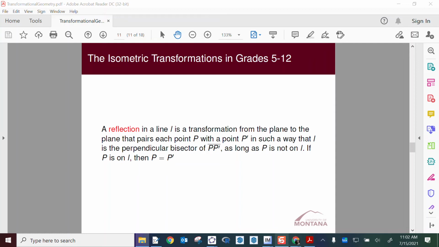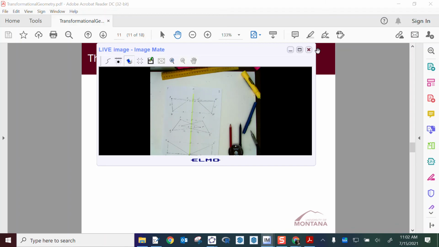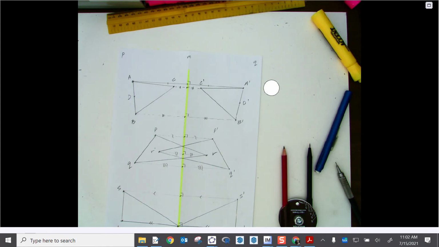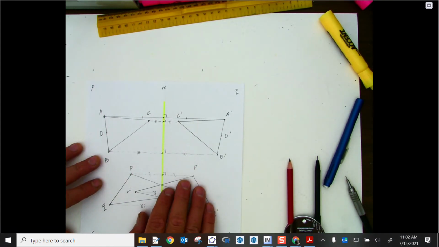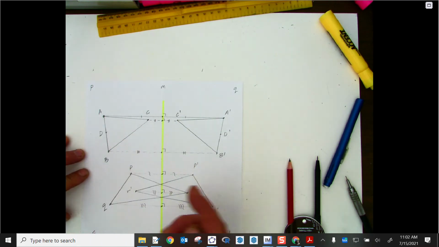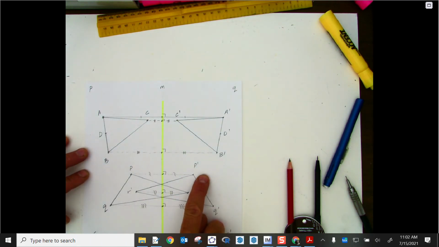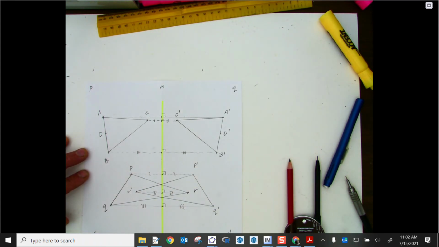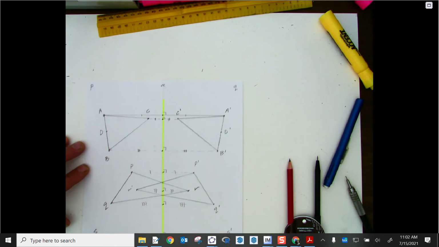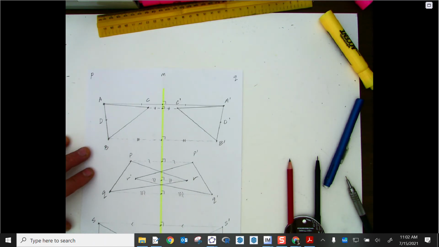If we just switch back to our picture, we can see that the definition is really borne out by the activity. It takes a point P to P prime such that this fold line is the perpendicular bisector of the segment PP prime, so long as P is not on M, in this case, then the point becomes itself under the reflection.